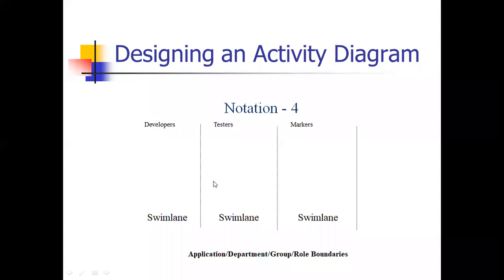Swim lanes mean the contents of an activity diagram may be organized into partitions using solid vertical or horizontal lines. That is called swim lanes. So the activity diagram is divided into these partitions.